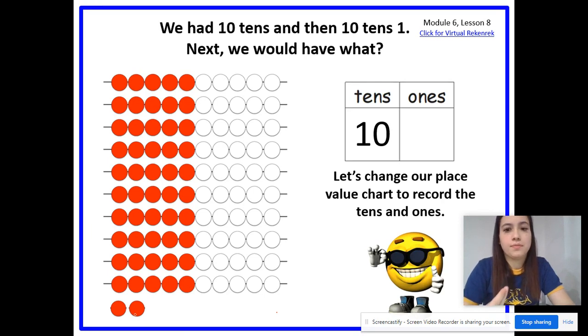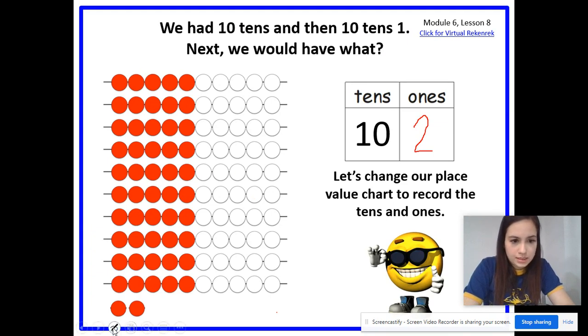Get ready. 2 ones. Very good. So now I have 10 tens and 2 ones. And it's right here. Look, 10 tens, 2 ones. So 10 tens and 2 ones is the same as what number? Get ready. Yes, 102. Very good.